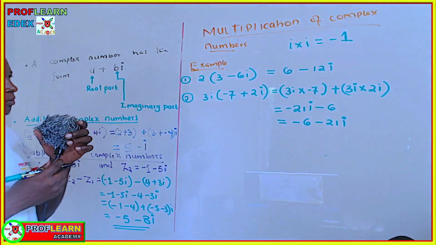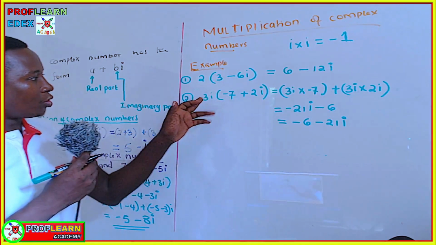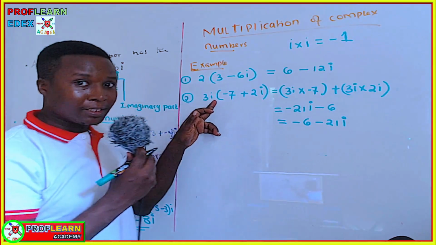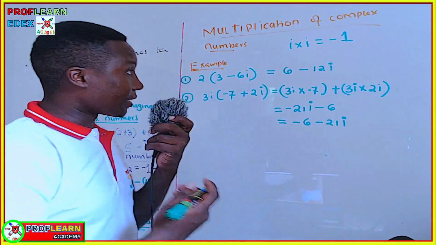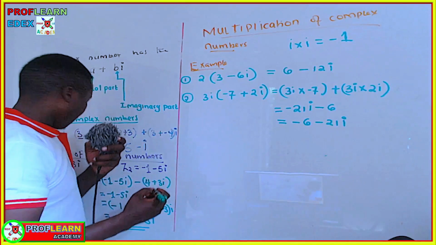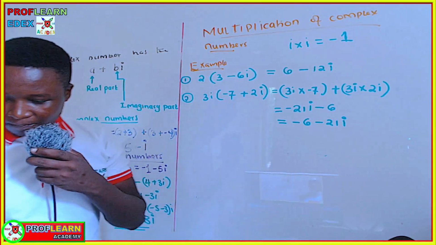So once you have an imaginary number multiplied by another imaginary number, you are going to get a real number.